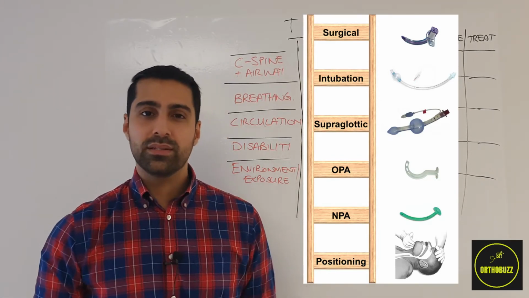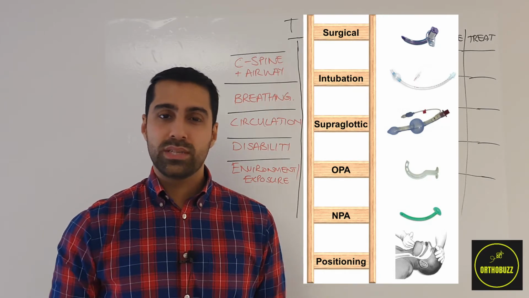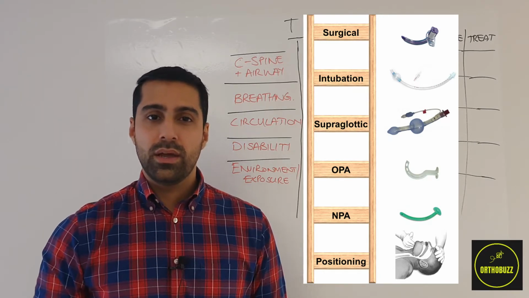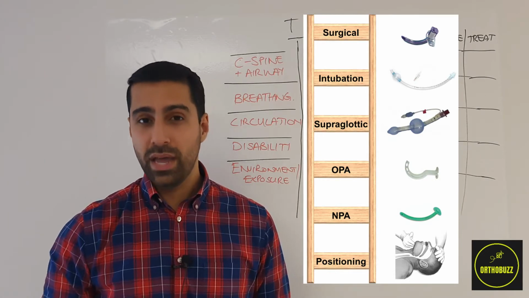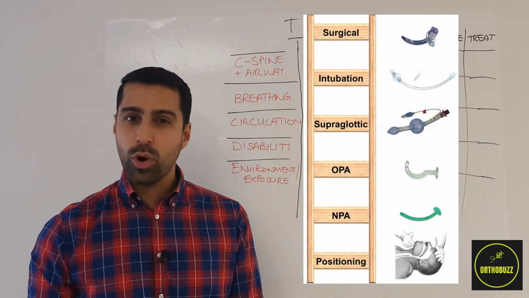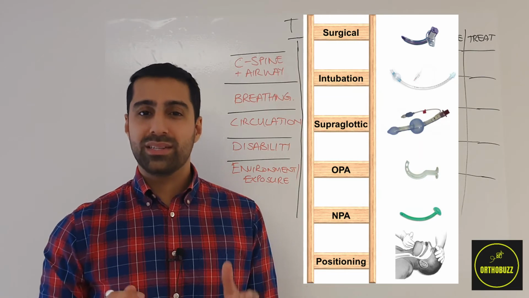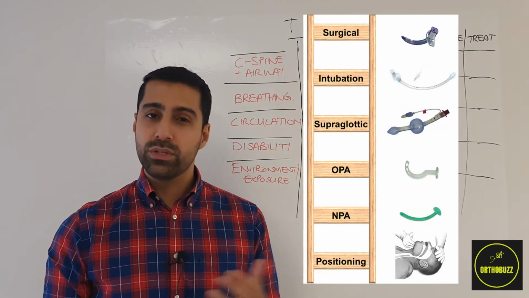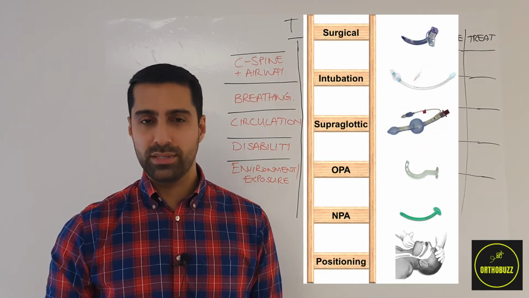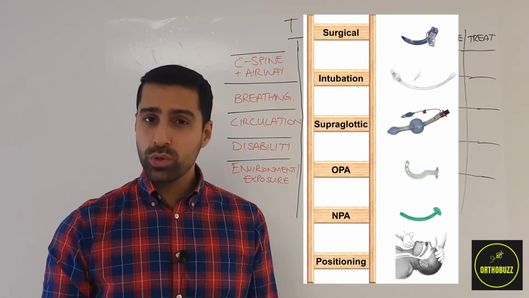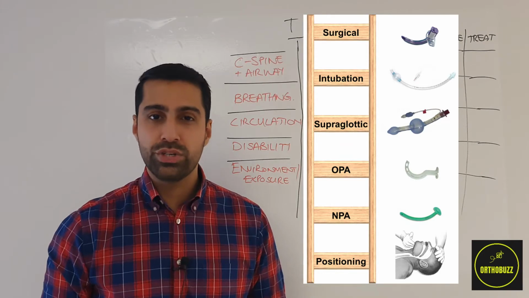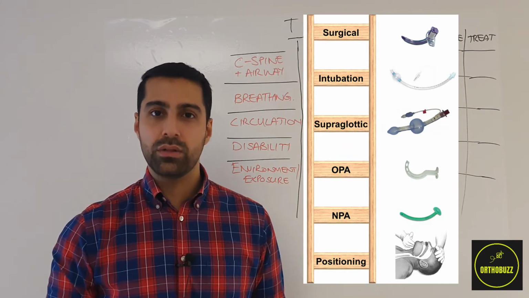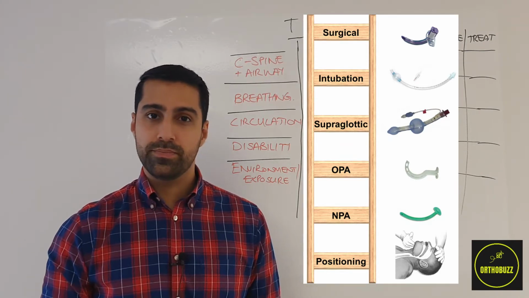Please note that some A2E assessments state that doing a head tilt and chin lift can also help the patient's upper airway. But in the context of trauma, we want to keep their cervical spine as stable as possible, and therefore doing these maneuvers can compromise it. Therefore, if the jaw thrust doesn't work, then we can move on to either an oropharyngeal or a nasopharyngeal airway adjunct.